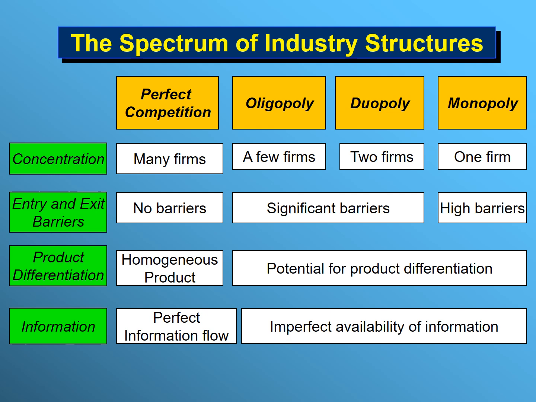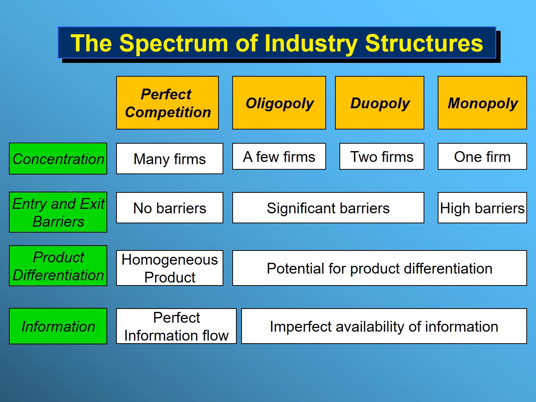We can see the spectrum of industry structures. Here four kinds of competition, market structures, are shown. First one is the perfect competition, then the oligopoly, then duopoly and monopoly.